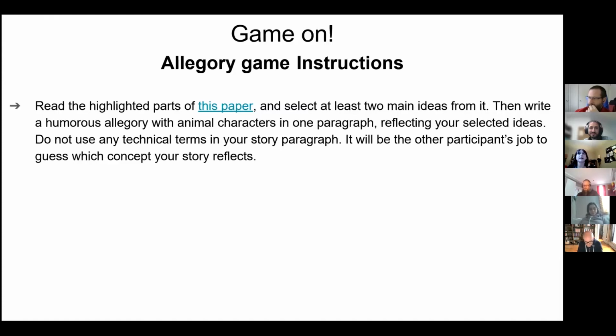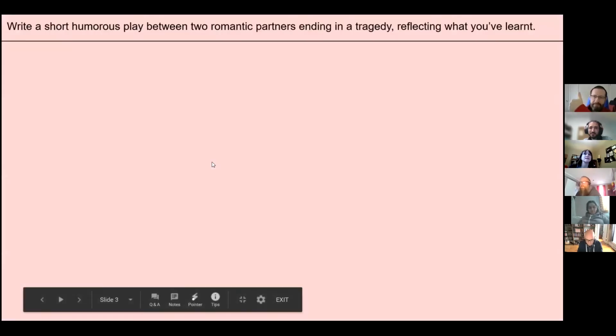When we come back, that's where the gaming part comes in: the other participants try to guess which of the elements you were trying to demonstrate with your allegory. Does that make sense to everybody? I'm seeing nods, but I can't see everybody.